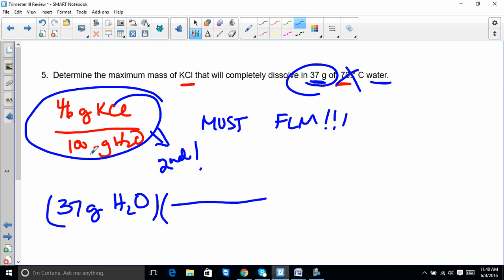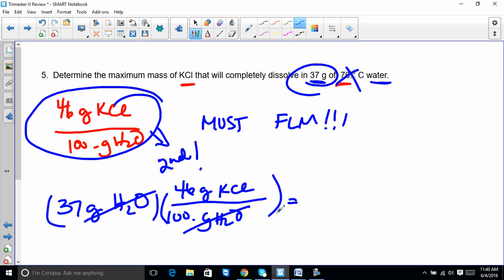And if we want grams of water to cancel, then the 100 grams of water has to go downstairs, and the 46 grams of KCl goes upstairs. Boom, boom. And if I do this, my calculator says, I'm cheating. I don't actually know what it says. But my key says 17 grams of KCl. All right, cool.